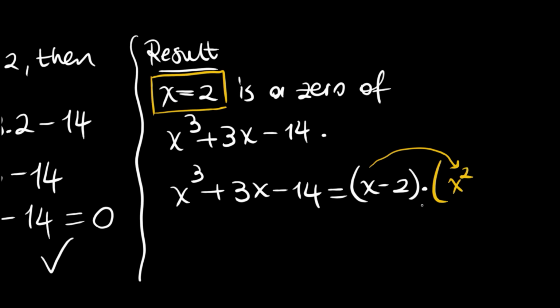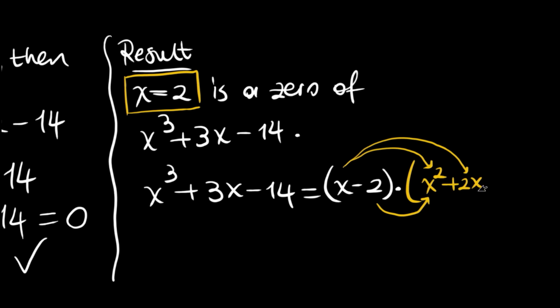By doing this, now we have a negative 2x squared, but on the left hand side we have no x squared, so a positive 2x squared is needed. This will come from x times positive 2x. Now we have positive 2x squared and negative 2x squared.